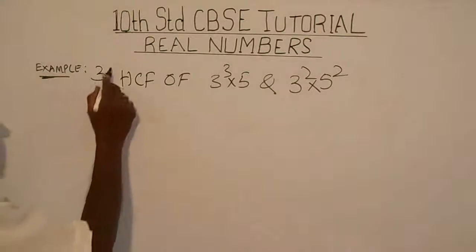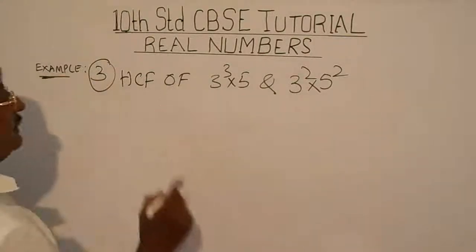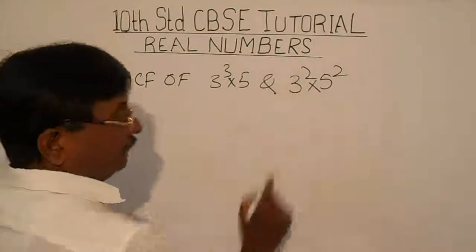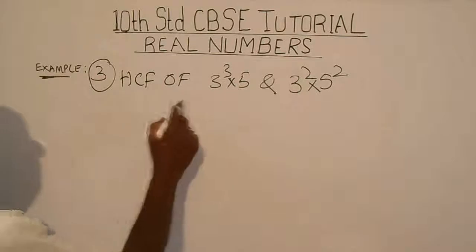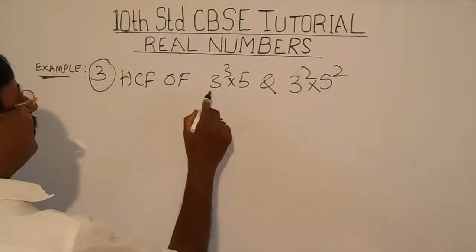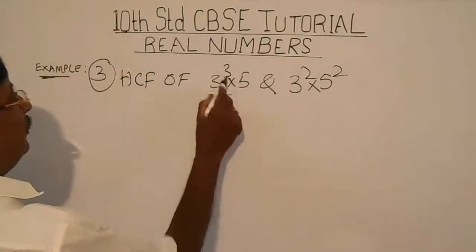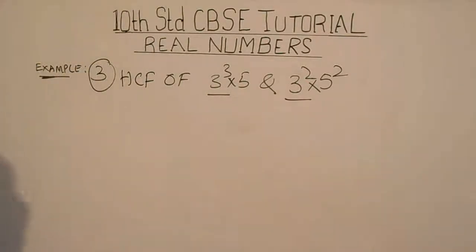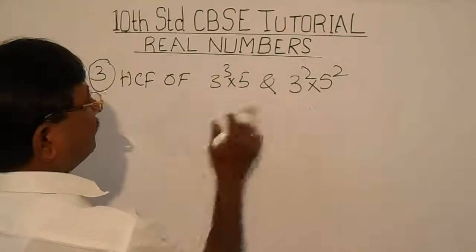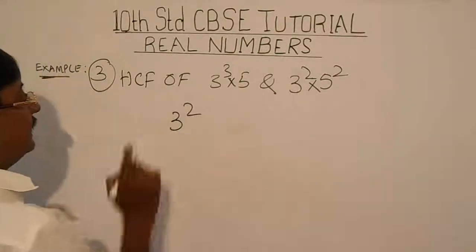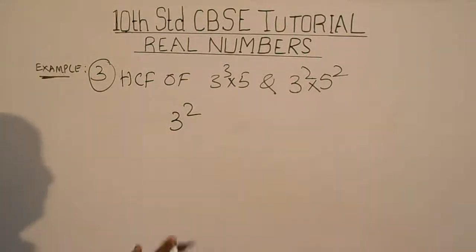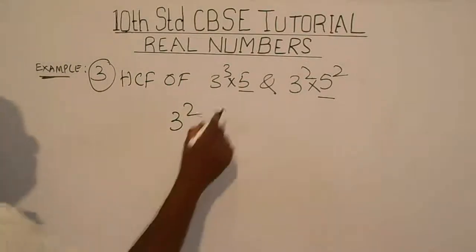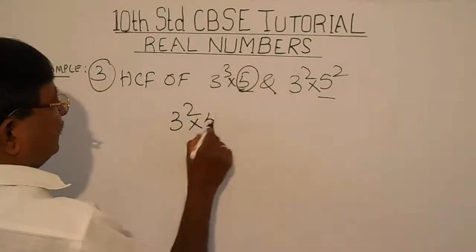Okay. We'll look into the third one. Find the HCF of 3 to the power 3 into 5 and 3 to the power of 2 into 5 to the power 2. HCF is the highest common factor. The highest power of 3 common to the two numbers is 3 to the power of 2. And for 5 and 5 to the power 2, the common one is 5.